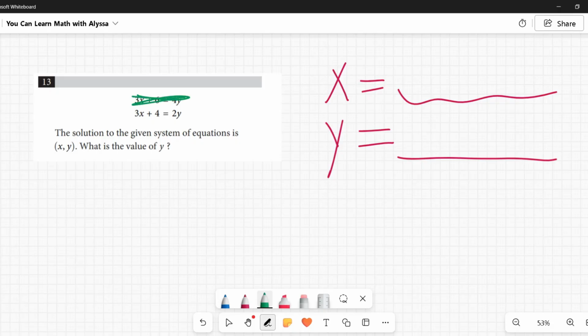For example, if the top equation had been x equals y plus 1, then anywhere there's an x down here, you would replace it with y plus 1. Then you do the algebra, solve for y, and if you need to, plug that y in and solve for x.